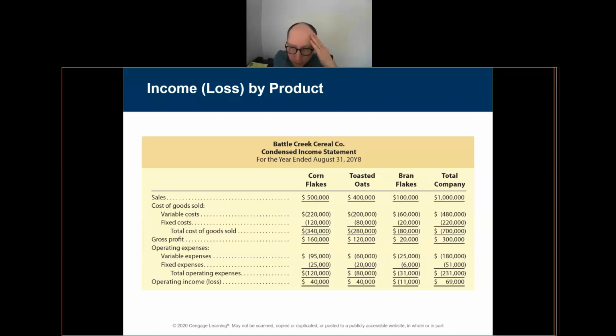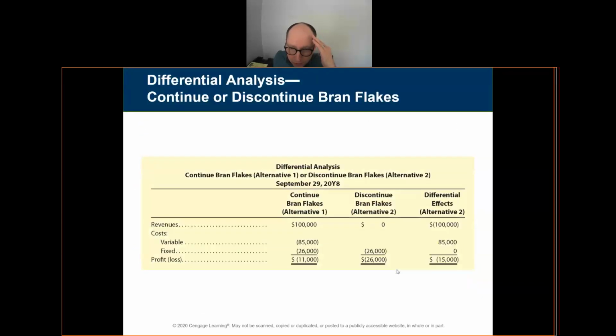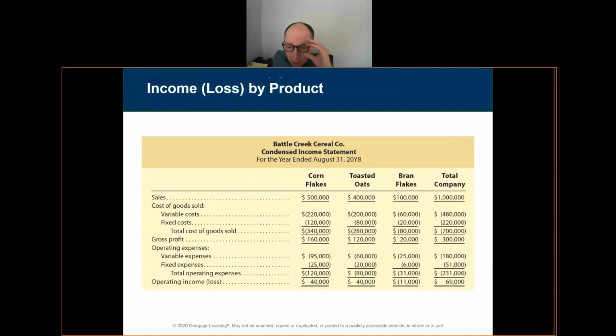So it will be minus 20. What did we say it was? Minus 22, minus 26. Where did the six? Oh, the fixed expense, I'm sorry. So fixed cost minus 20, fixed expense would still be minus 6. So if we continue the brand Flakes, this is what it looks like.